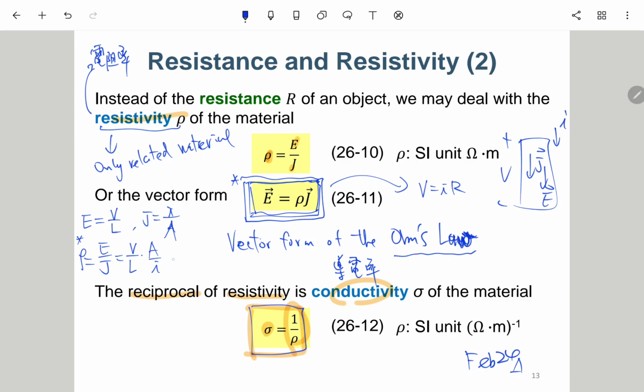We can combine V over I here and A over L there.